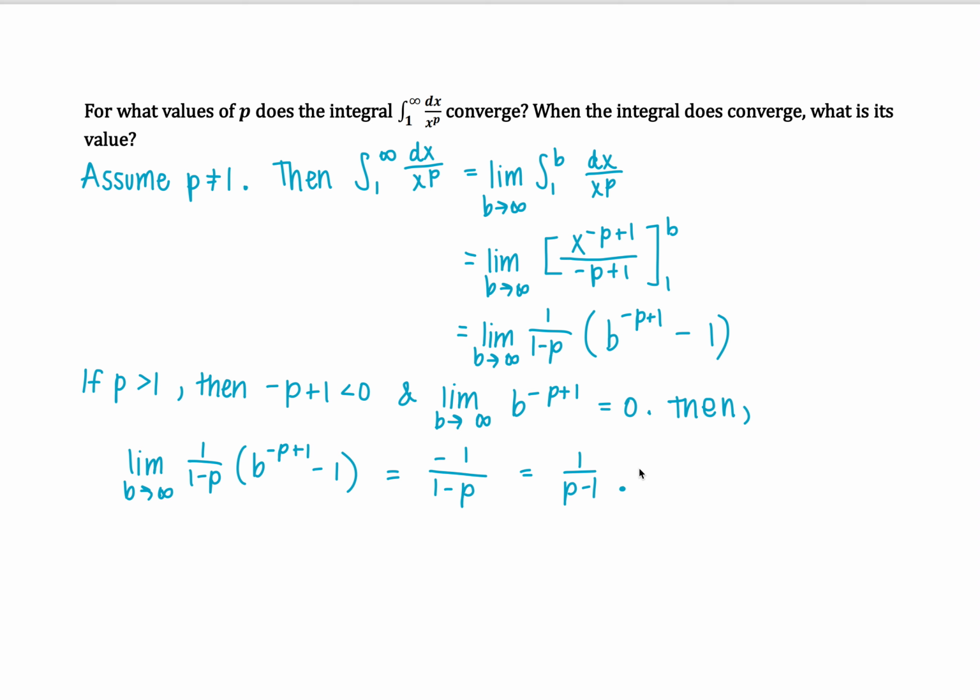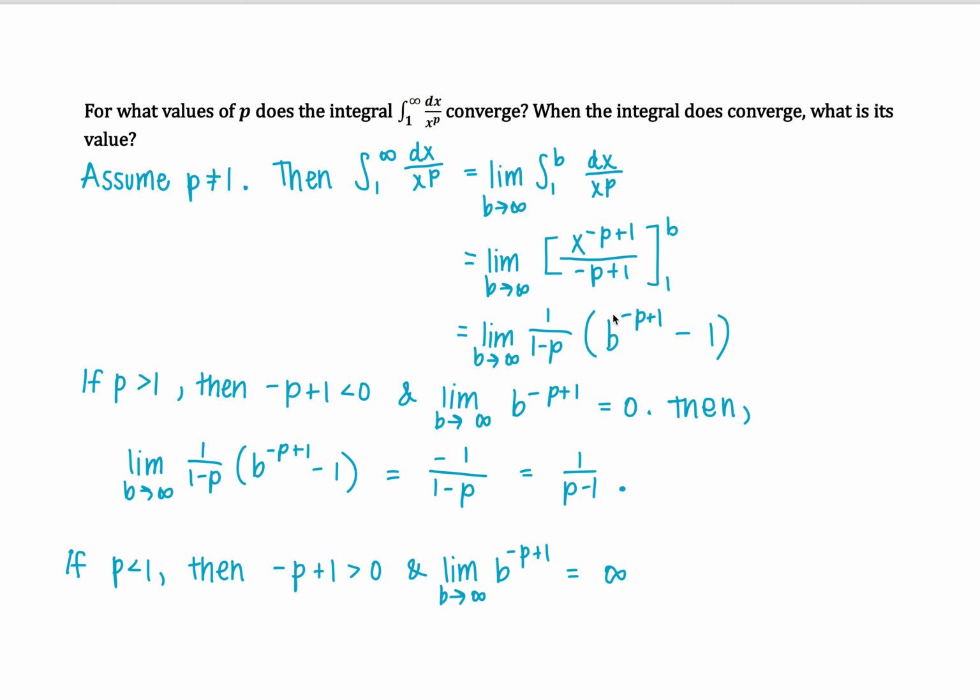Fantastic. Now, let's look at the other side of things if p is less than 1. Now, if p is less than 1, then negative p plus 1 is going to be greater than 0. And if we look at the limit as b approaches infinity of b to this positive exponent, it's going to go to infinity, okay?